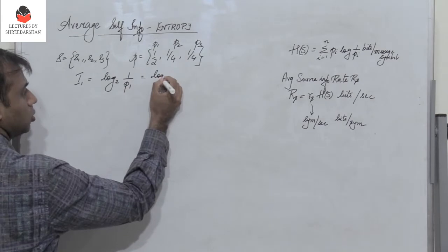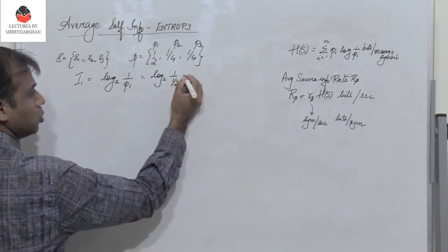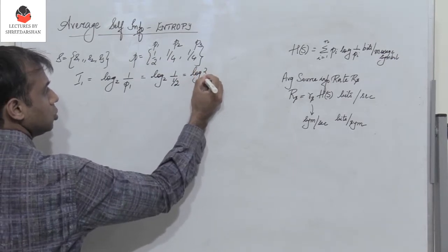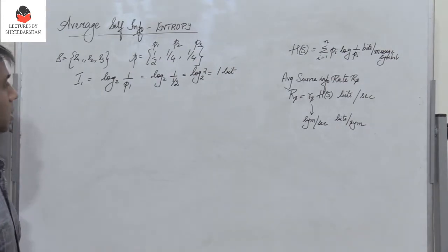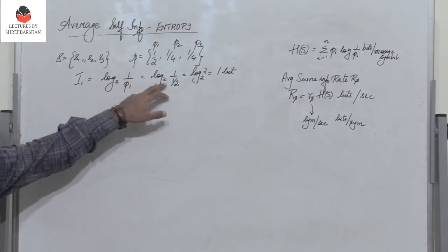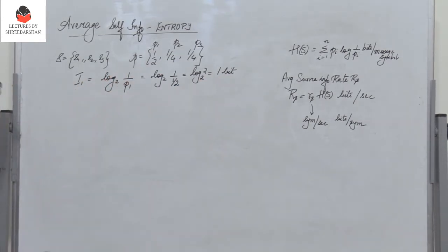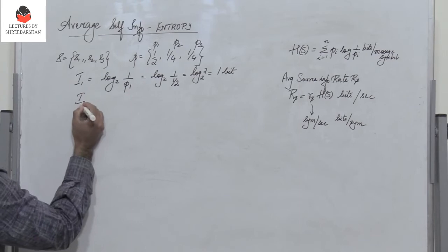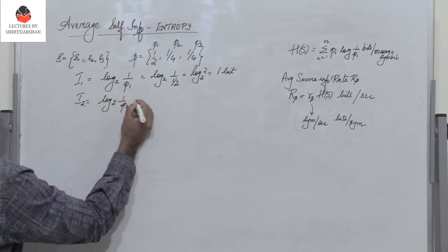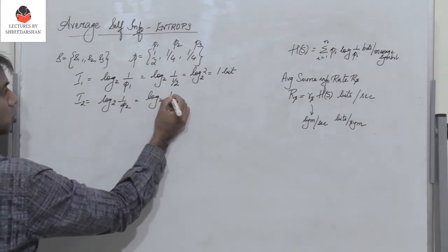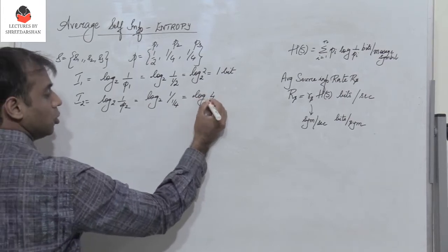So we have log to base 2 of 1 by P1, which is 1 by 1 by 2, so it is log 2 to base 2, which is 1 bit. By default, I have the operation of log in base 2 because I want the self-information in bits. Next, I2 equals log to base 2 of 1 by P2, which is log to base 2 of 1 divided by 1 by 4, which is log 4 to base 2.